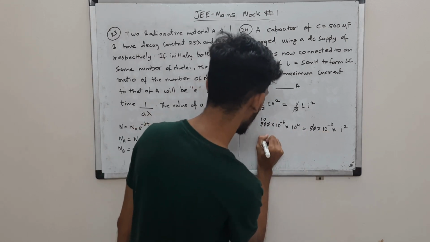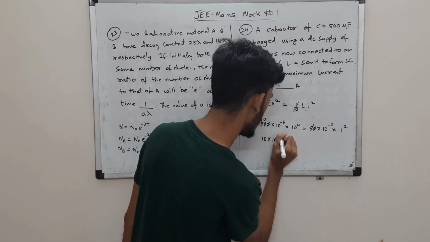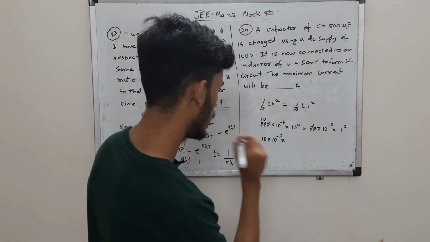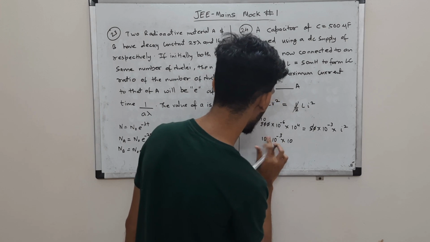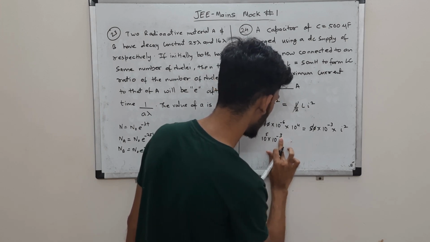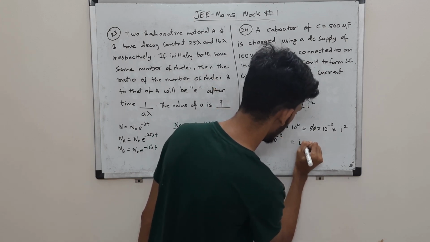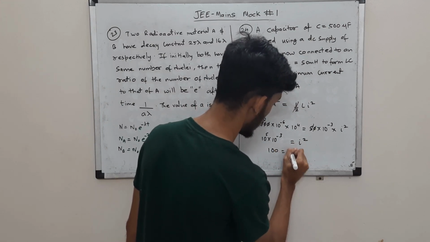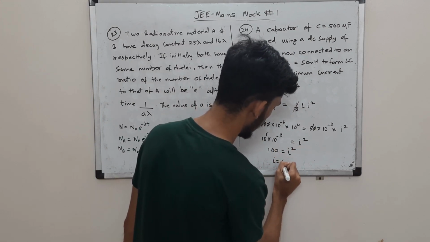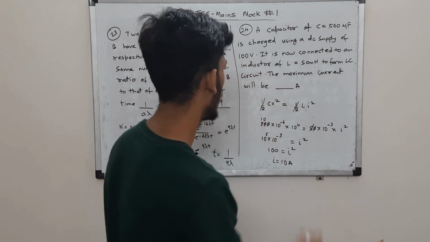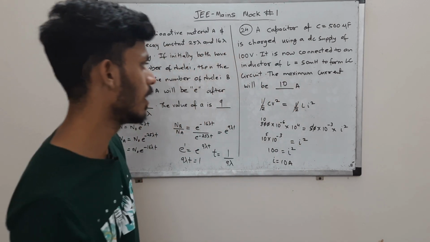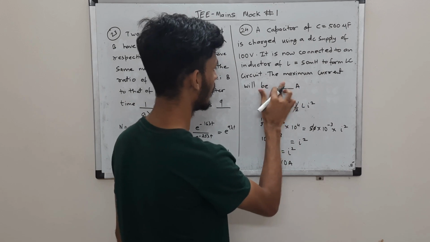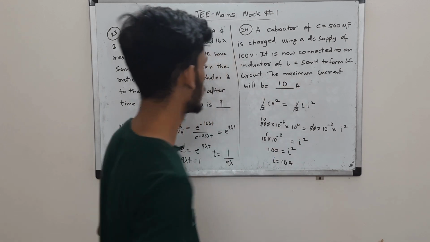Minus 3 will be left. 10 to the power minus 3 and 10 to the power 4, right. So we can make it 10 to the power 5, ignore this, and i square. This is 100, yes, 100, and that is i square. So i will be 10 amperes. So the correct answer over here is 10 amperes. 9 and 10, great. So that's question 24.